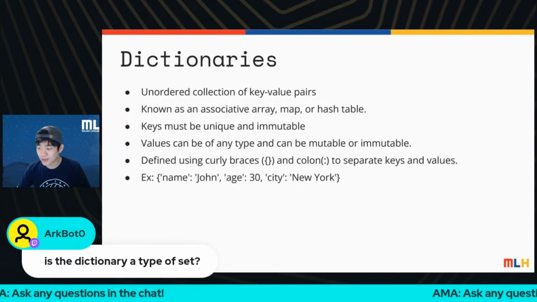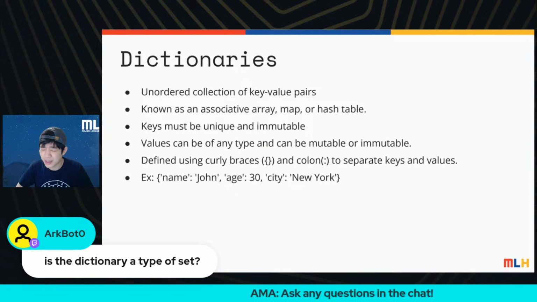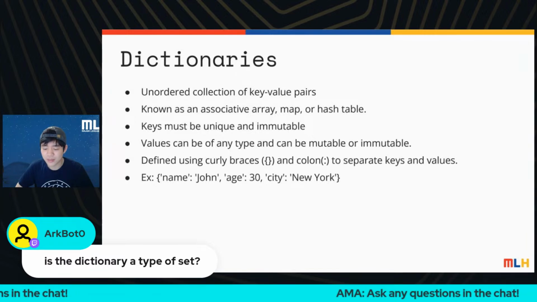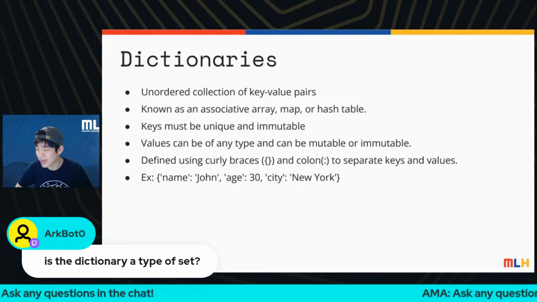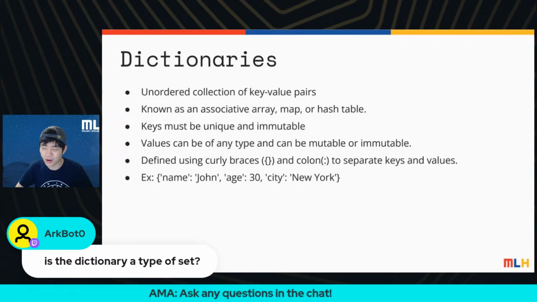Is a dictionary a type of set? Oh no, you're getting into broad conceptual things. Let me think. If I define set as unique or key value pairs, is a dictionary a type of set? It shares elements of a set. I wouldn't say a dictionary is a type of set because I can have keys that lead to the same value, but that's a broader question.